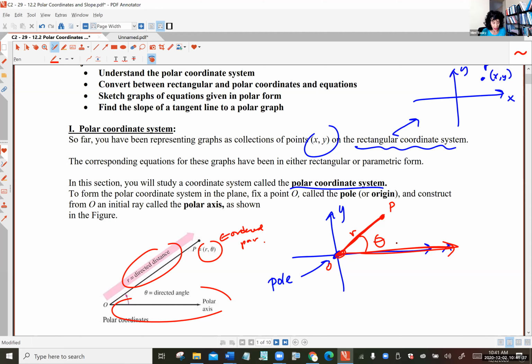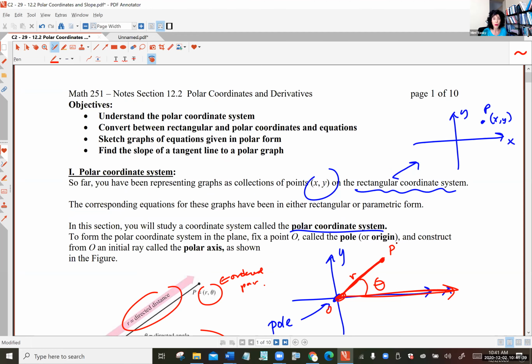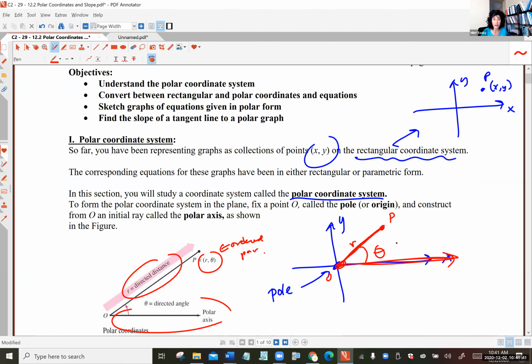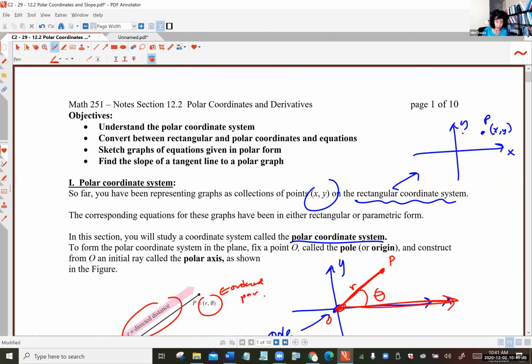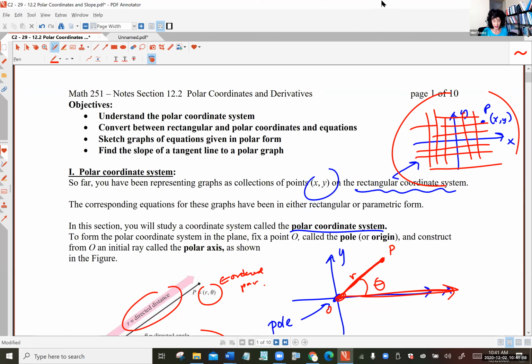Okay, have you guys ever seen polar coordinates graph paper you can buy at the store? You've seen regular graph paper, right? If you buy regular graph paper, it just looks like a bunch of little squares. Have you ever seen this kind of graph paper for rectangular graphing? I'm sure you have. It's pretty common.